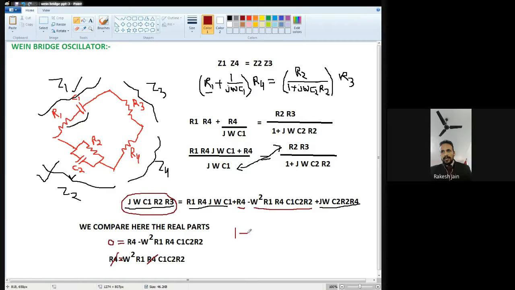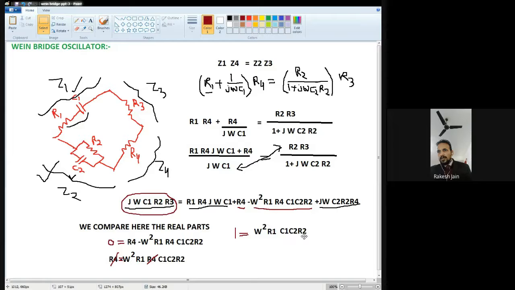Only 1 is there, and at the right hand side, omega square R1 R4 will be cancelled out, leaving R1, C1, C2 and R2.